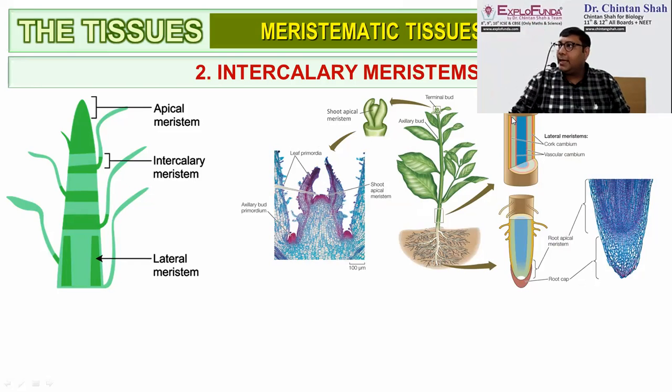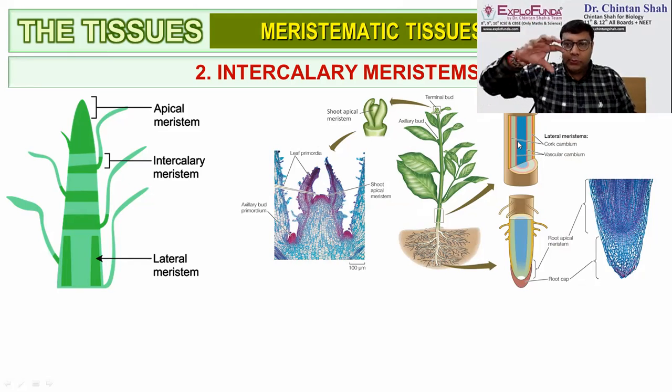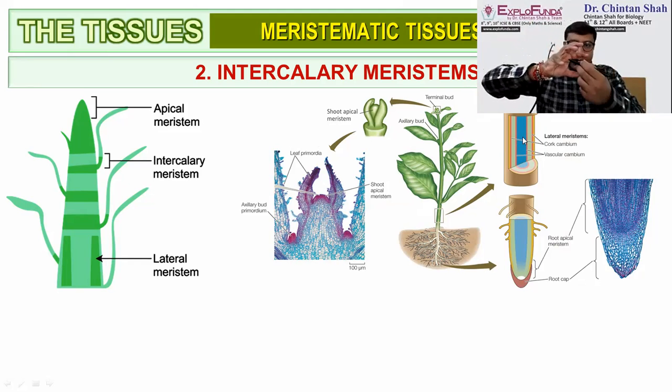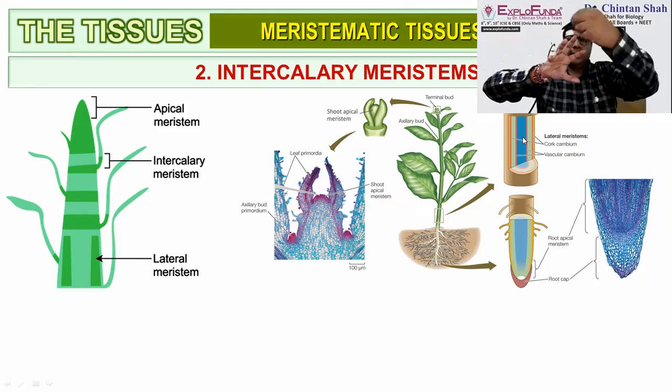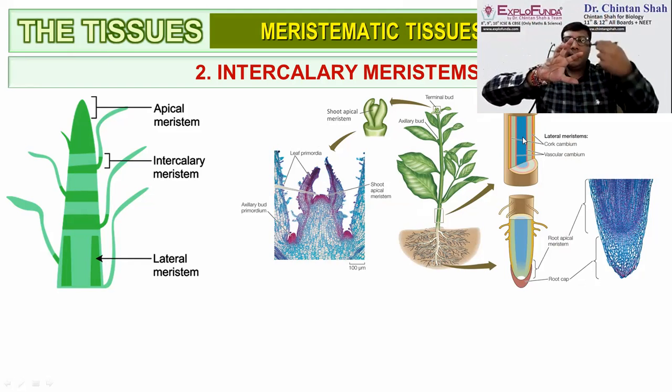They will increase the width of the plant. So how are they able to do this? That is with the help of adding new cells in the center also. So the central core will become this much bigger, as well as they are adding some cells on the outer side also. The outer side cells will be added by the cork cambium.